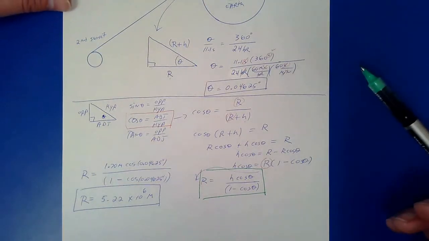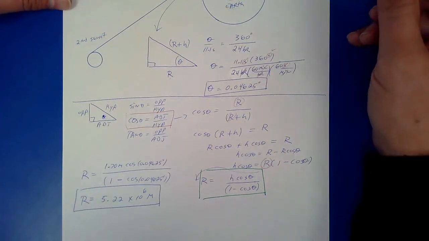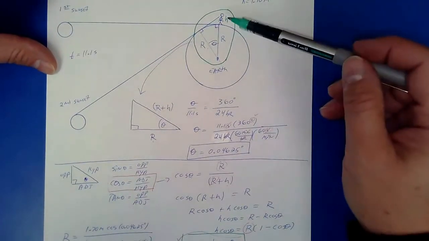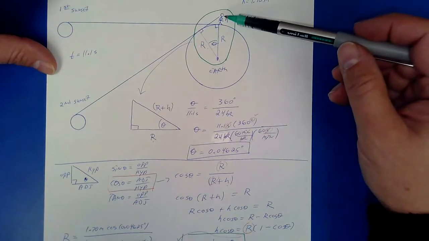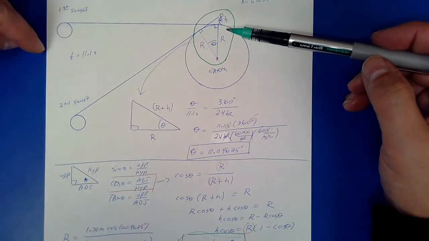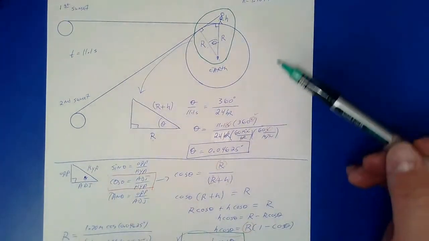Well, the first example that we did like that, I gave you the circumference of the planet, and then I gave you the height of the elevation, and I wanted you to figure out what was the time between the two sunsets on whatever planet.